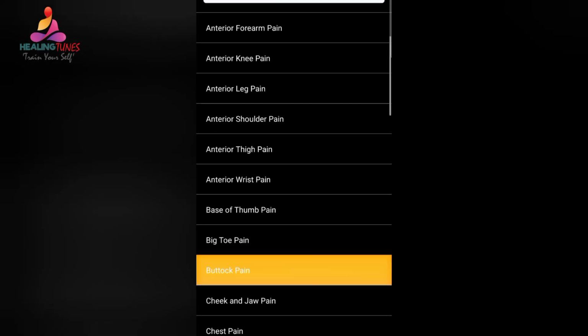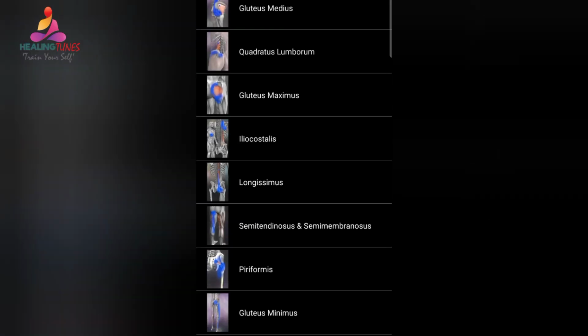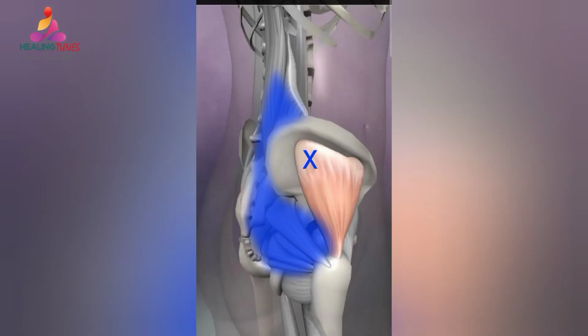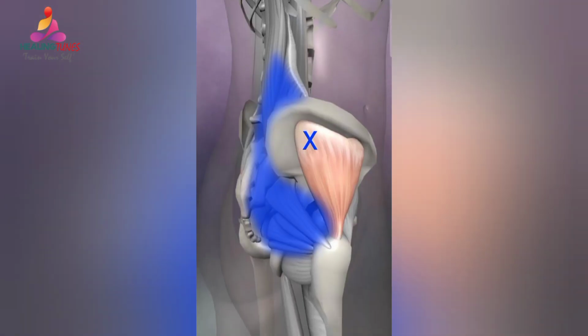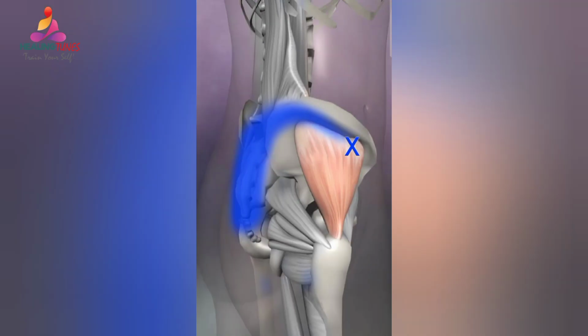Then next muscle is gluteus medius. Trigger points near the sacrum refer pain into the sacrum. Trigger points in the middle aspect of the muscle refer down into the lateral hip with spillover into the thigh.